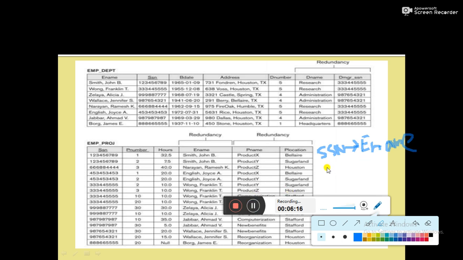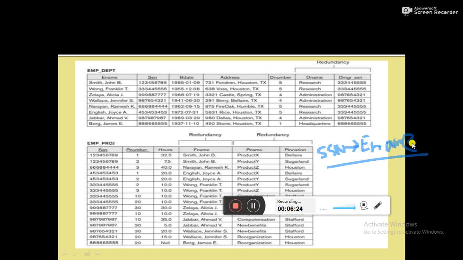Can we write it? Ename is functionally dependent on SSN. Let's check it out based on the dataset.